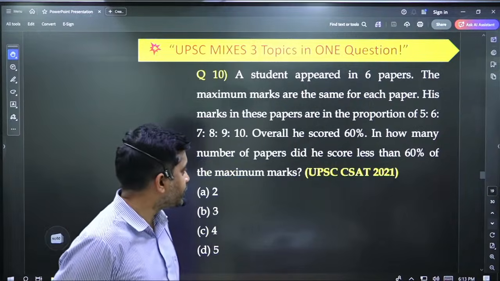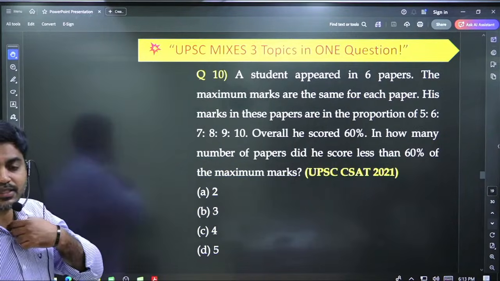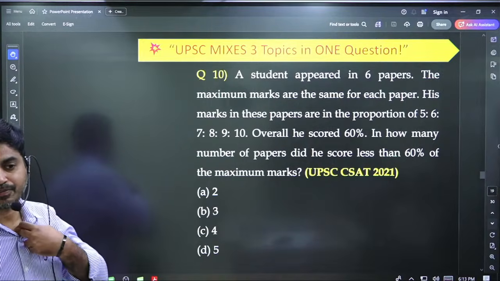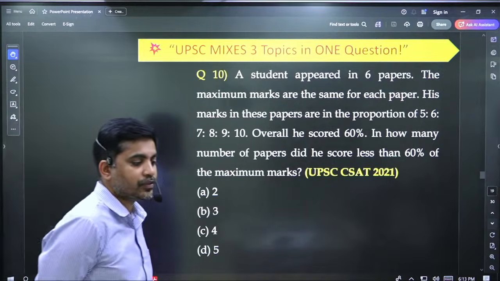Okay. In how many papers you got less than 60%? This is the question. Chalo.